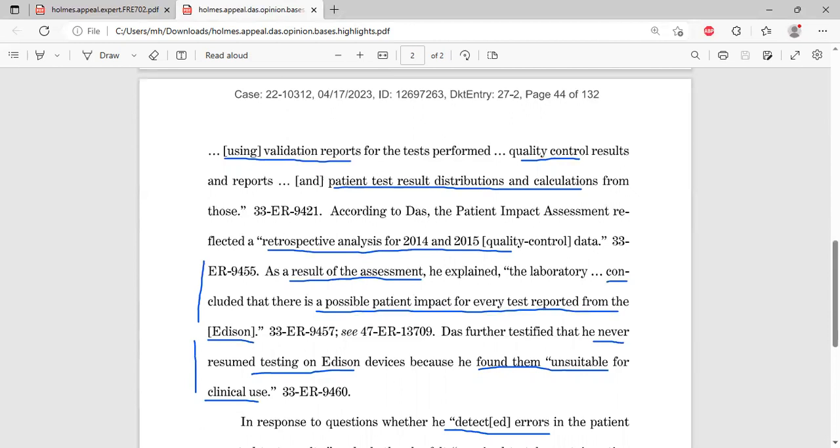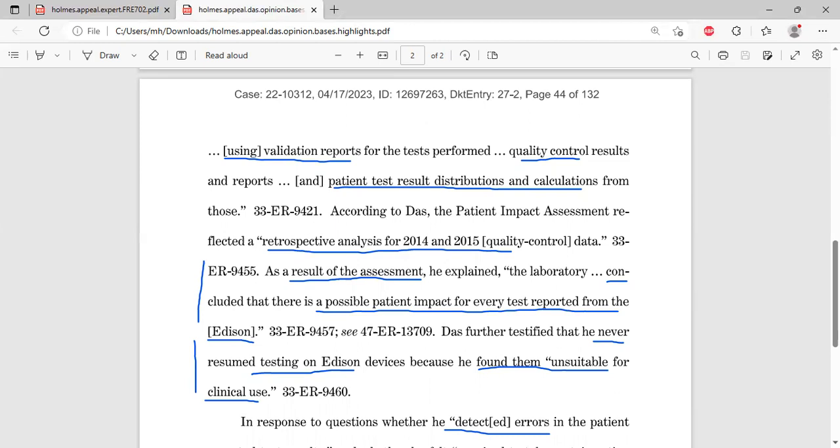So Dr. Doss came on in 2016 as the lab director. He's now making a patient impact assessment, an analysis of the technology, looking at what occurred in 2014 and 2015 based on the quality control data.